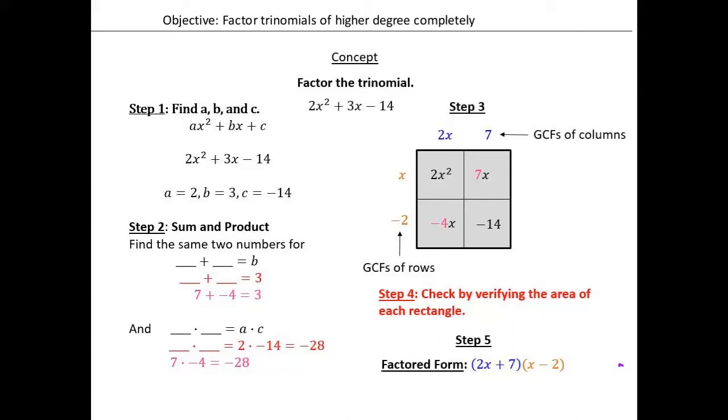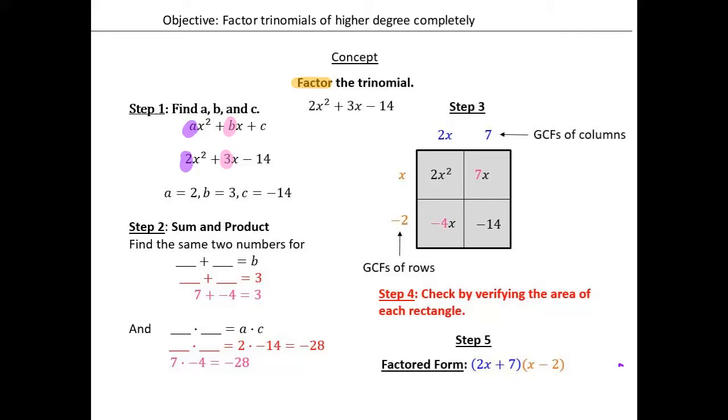So to factor trinomials, we're going to be looking at the 3 terms. In order to factor, you want to find A, B, and C. So step number 1 is find A, B, and C. If you remember, A is the coefficient in front of the x squared. The B term would be the one next to the x term.